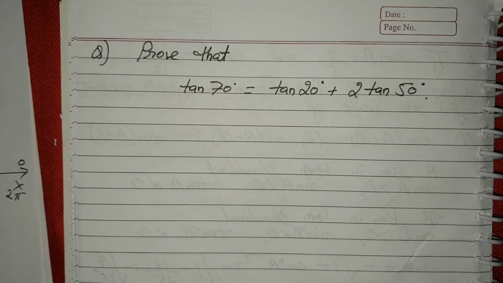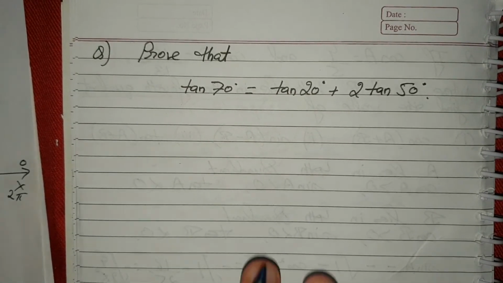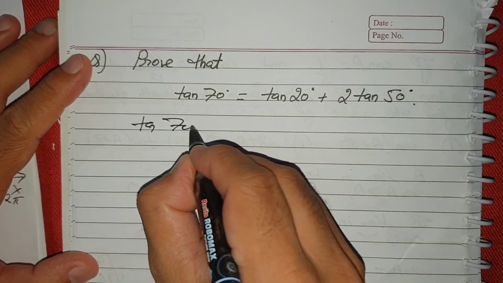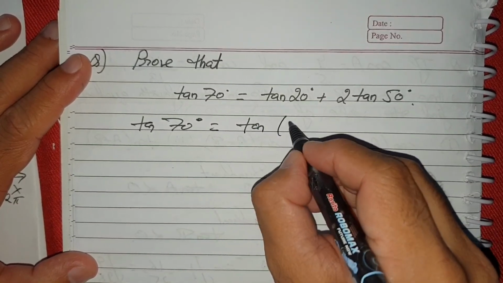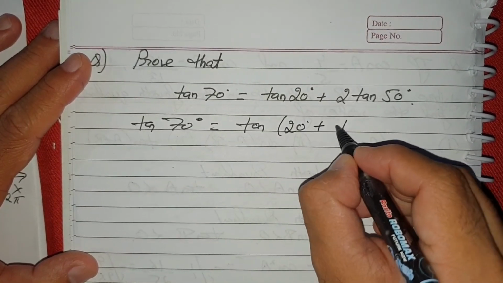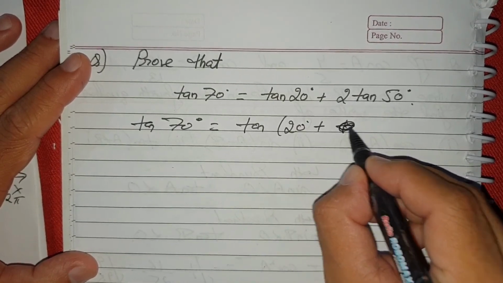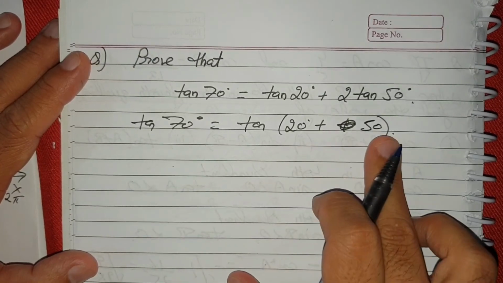You have to prove that tan 70 equals tan 20 plus 2 tan 50. Now starting with the LHS, tan 70 can be written as tan(20+50).